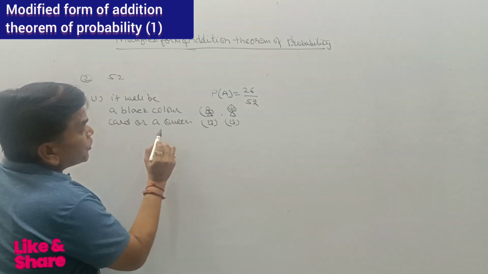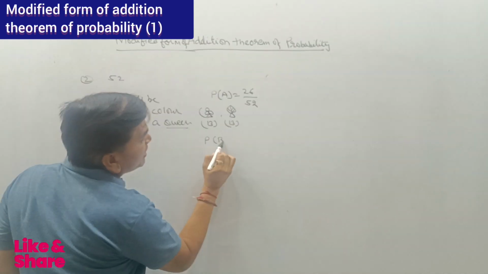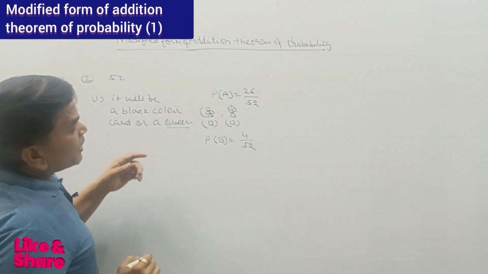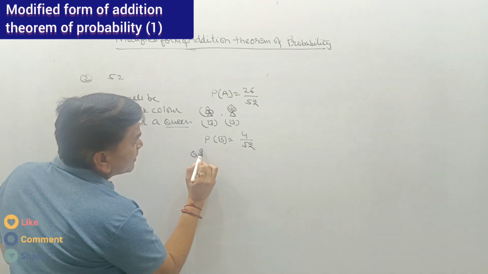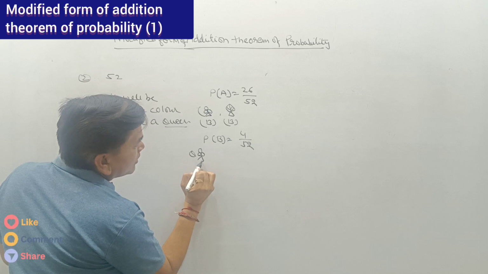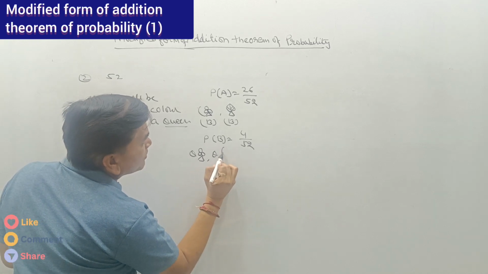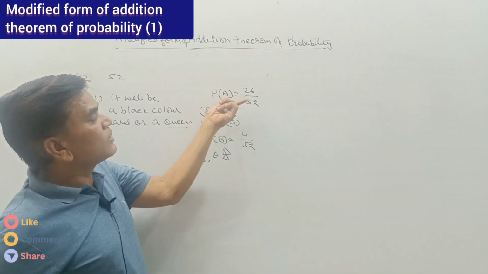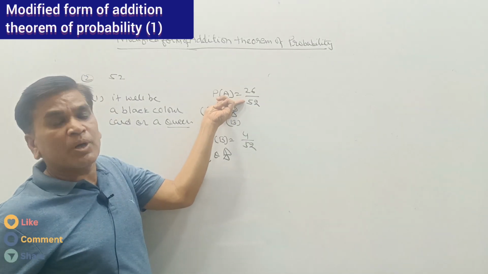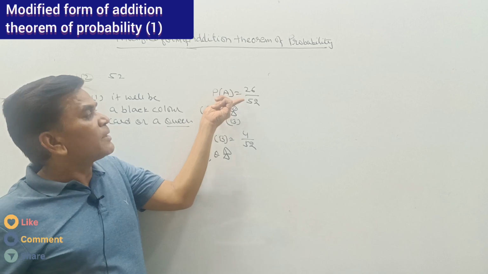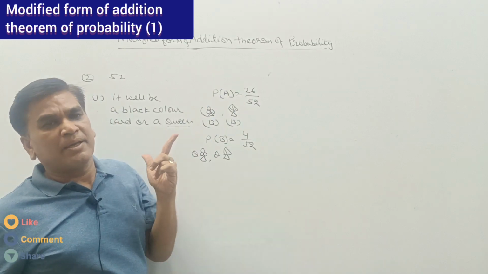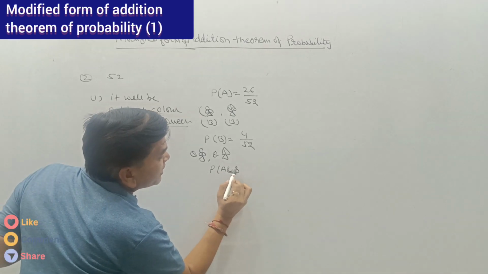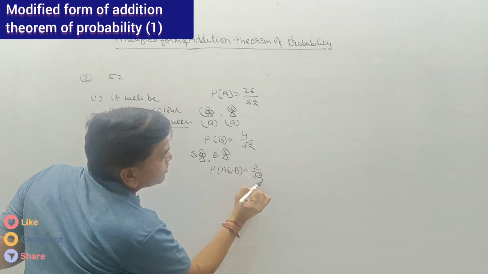And total queens, so queen is 4 upon 52. But the queen of spade and queen of club are both included in this also. It means the queen of spade and queen of club are in this and also in this. So the common probability, that is A and B, is 2 upon 52.